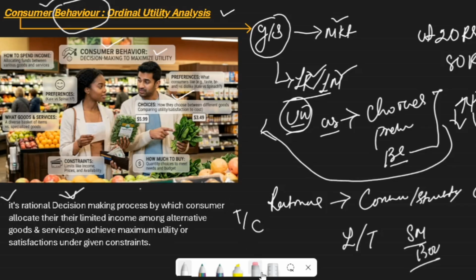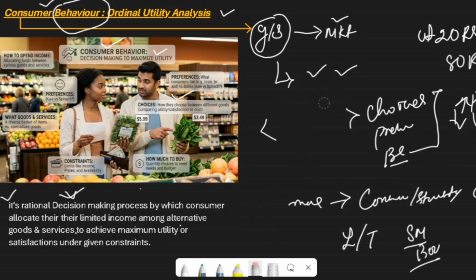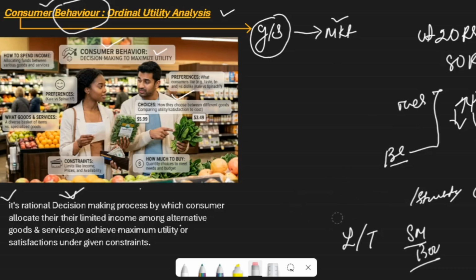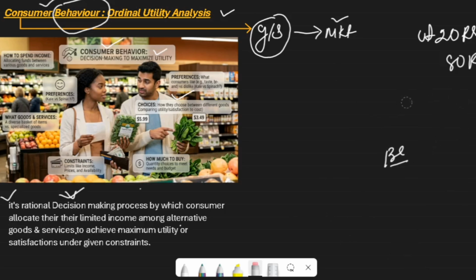So while we're talking about consumer behavior, one of the most important points arises here: the consumer spends the limited income on purchasing goods and services in a rational manner, which ultimately gives the maximum satisfaction or the utility. So here we are talking about the utility.